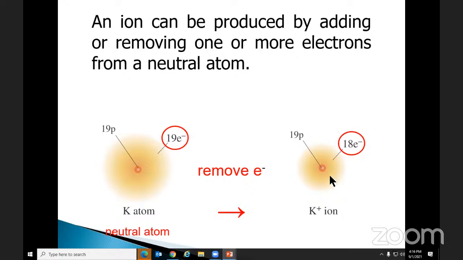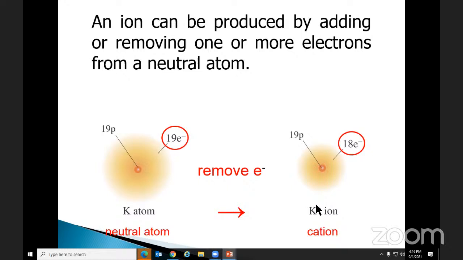So the result would be a structure where you have one more proton than electrons, right? And therefore the resulting structure will have a net positive charge. And we call that the potassium ion. You'll notice that the symbol for the potassium ion has a plus charge right here, all right?